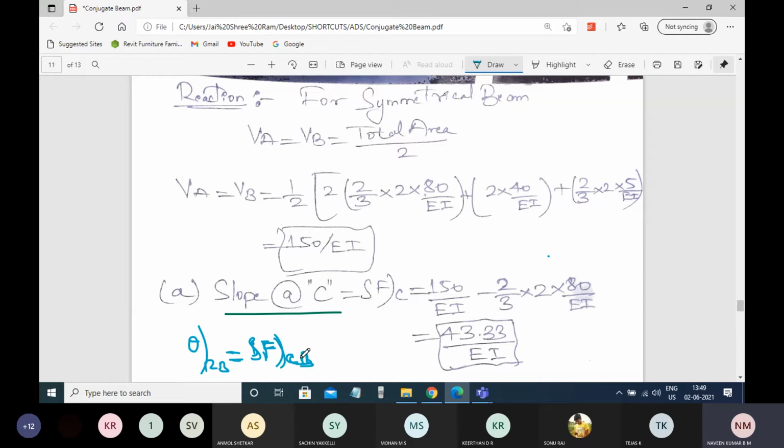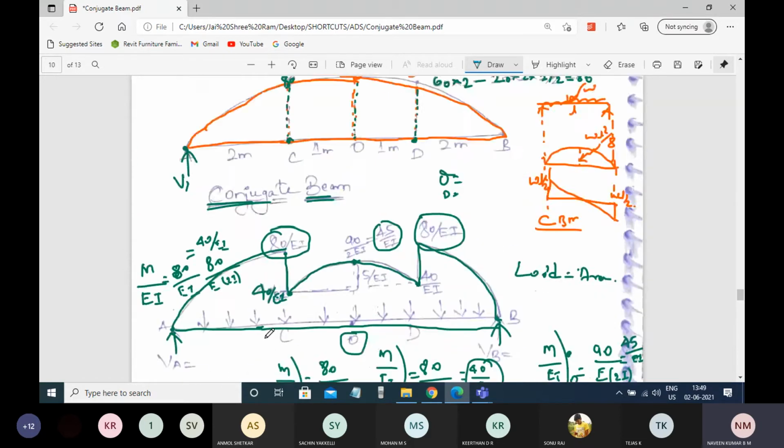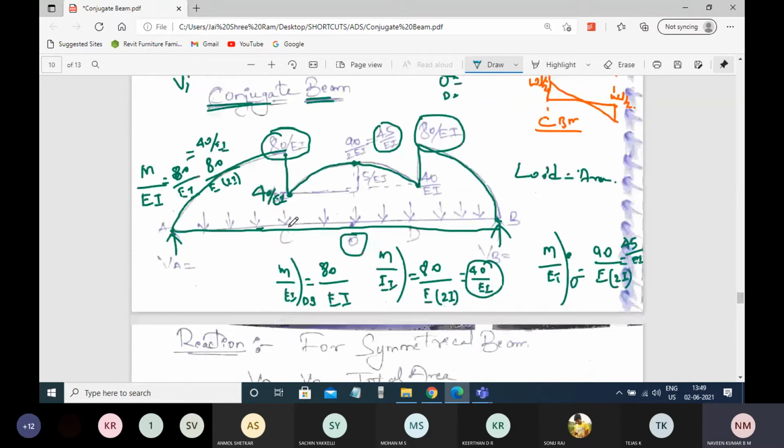Please understand. In order to find the shear force at point C, so we need to find the shear force at this particular point to get theta C. For this we require the reaction VA for the conjugate beam.